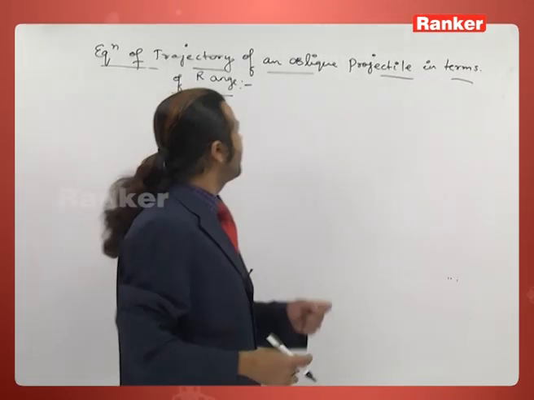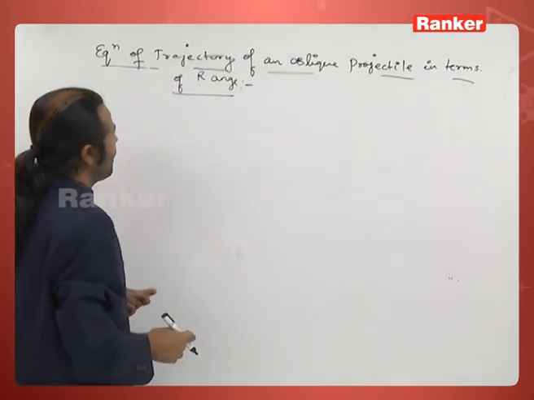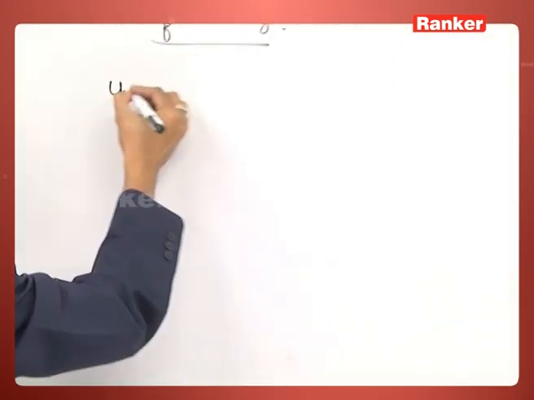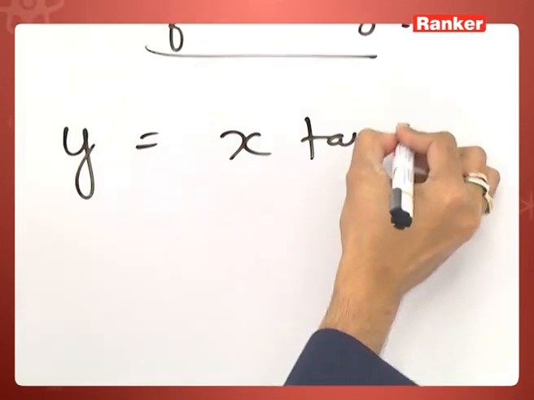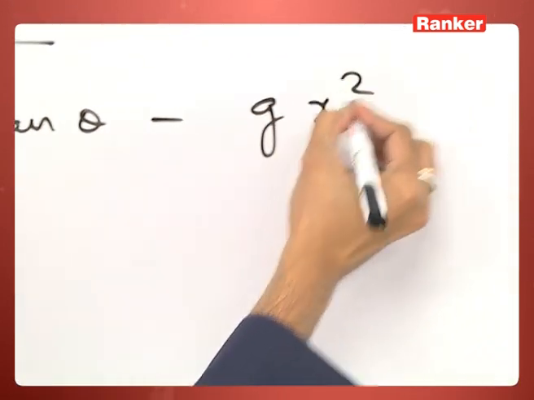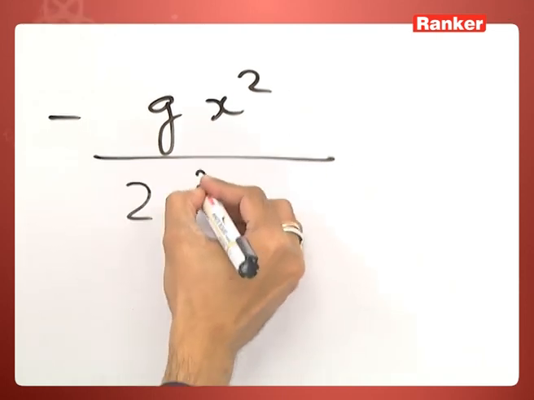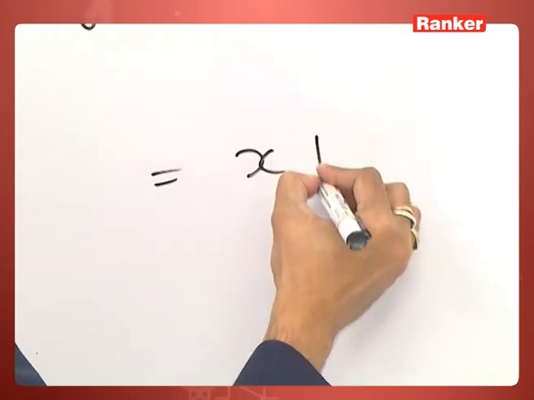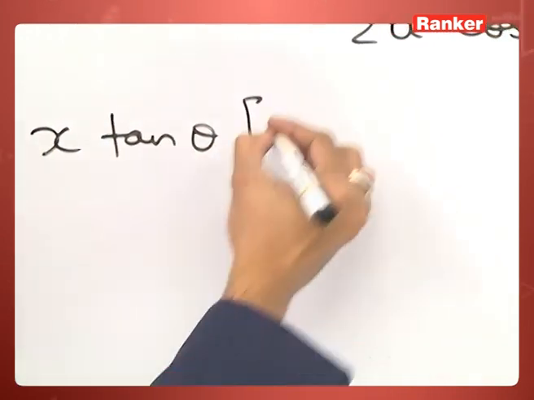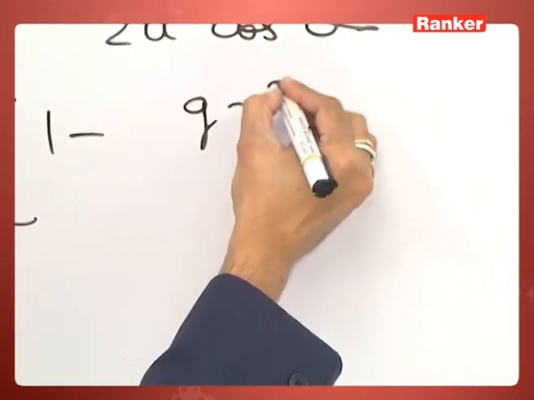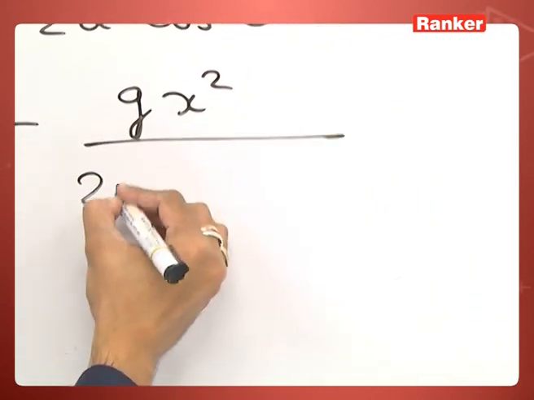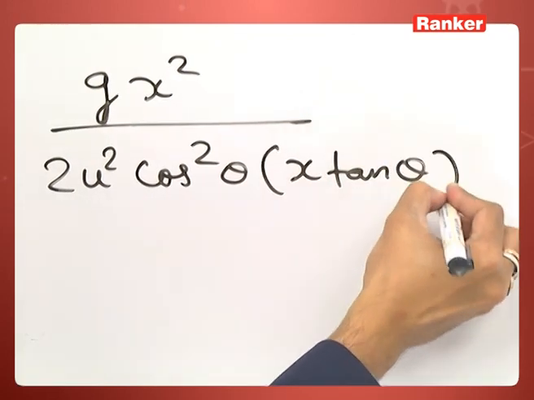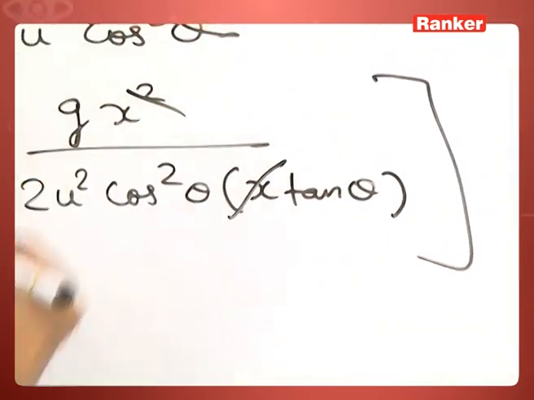So this is again we will find equation of trajectory of an oblique projectile in terms of range. So y equals to, I can write x tan theta minus g x square by 2u square cos square theta, so I take x tan theta to be common. So this x and x cancels out.